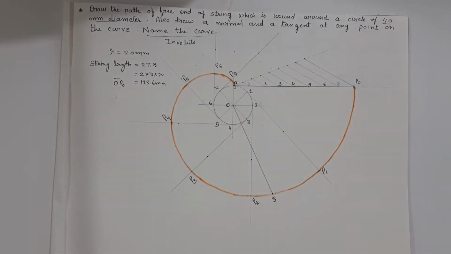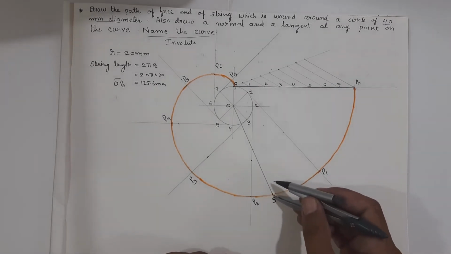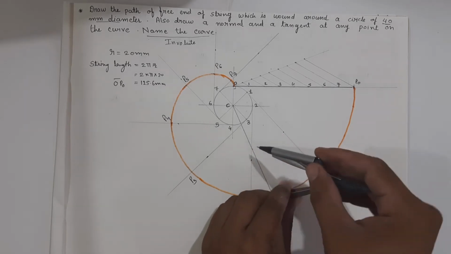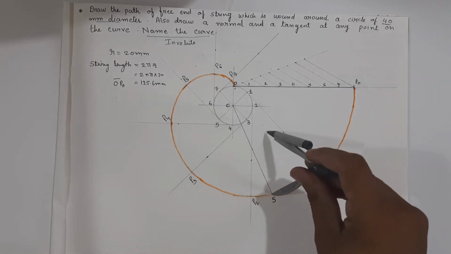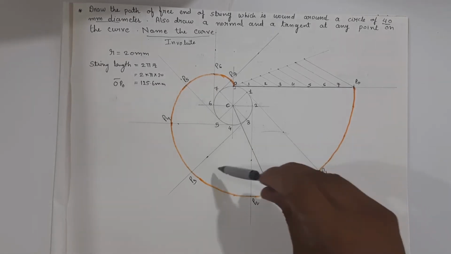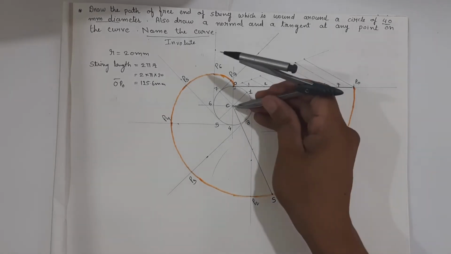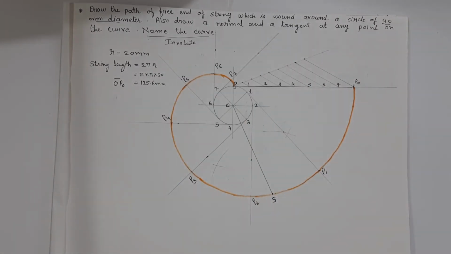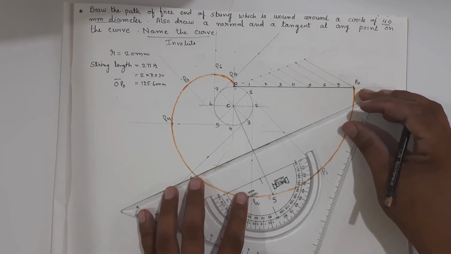Now find out the midpoint of this line CS, and if we want to find out the midpoint of this line CS, we have to measure half or more than half of arc length on this line, and we have to give an arc on both sides of the line from S and from C. So now if we connect these 2 points, it will divide this line into 2 equal parts, and we will get the midpoint of the line.